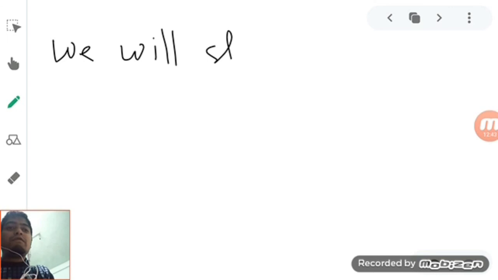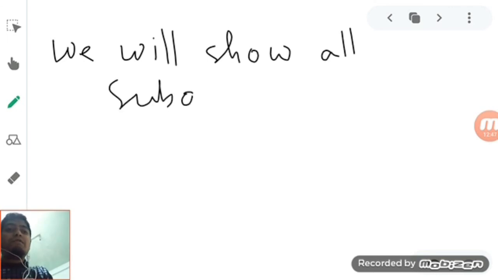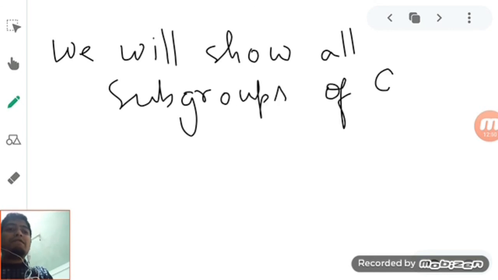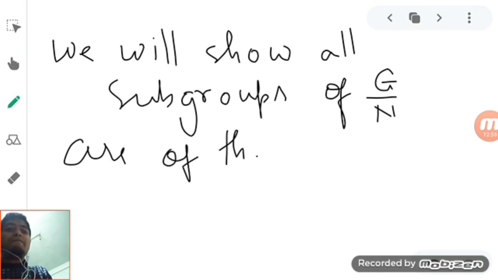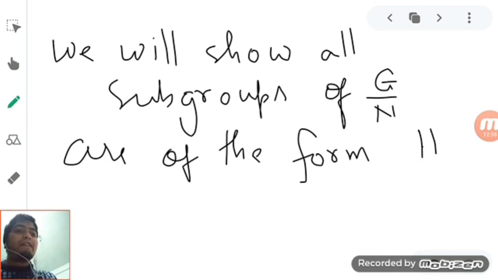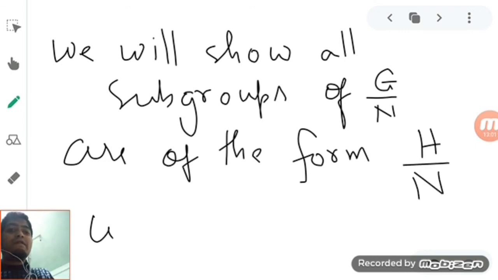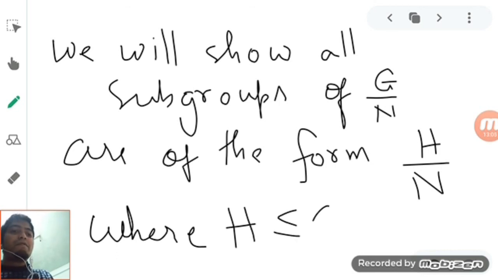We need to show that all subgroups, just like the theorem says, of G by n are of the form H by n, where H is a subgroup of G and n is a subset of H.